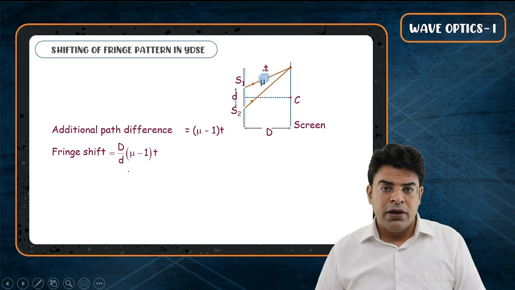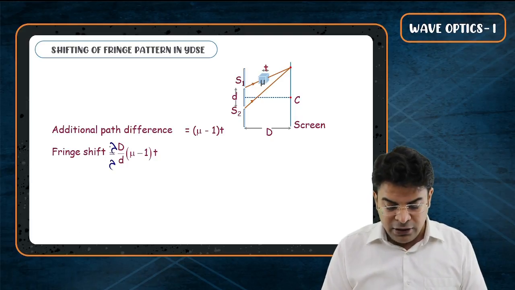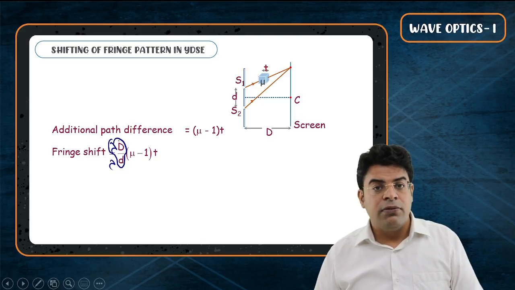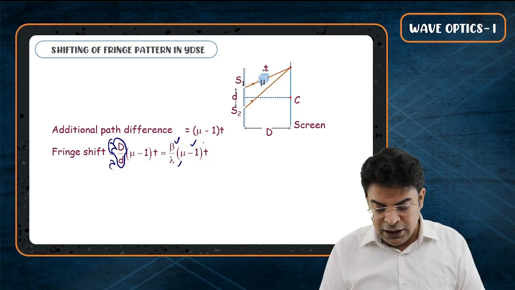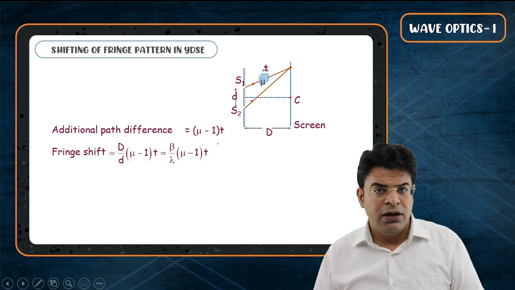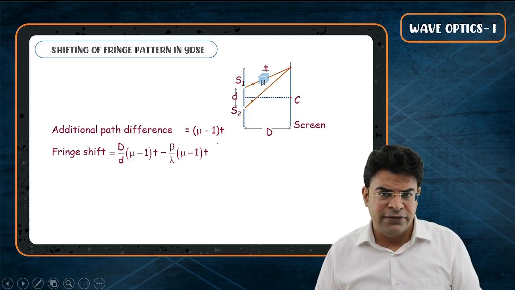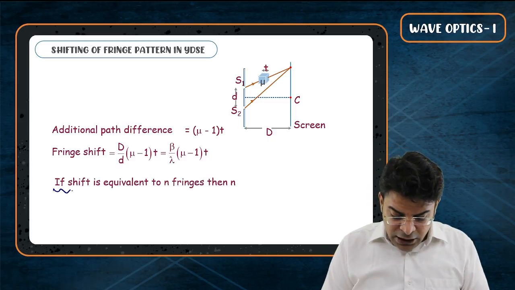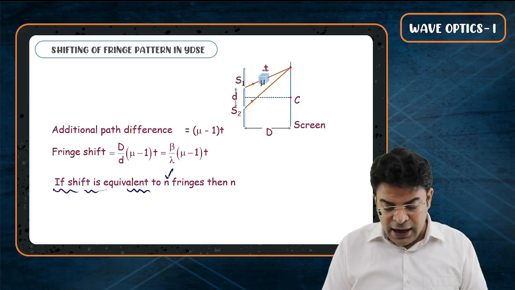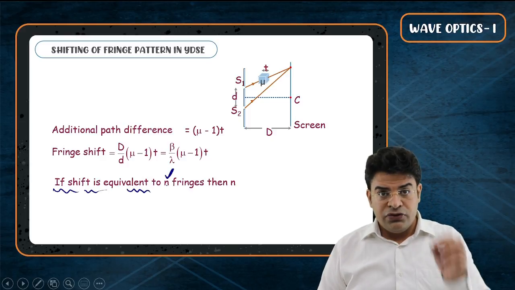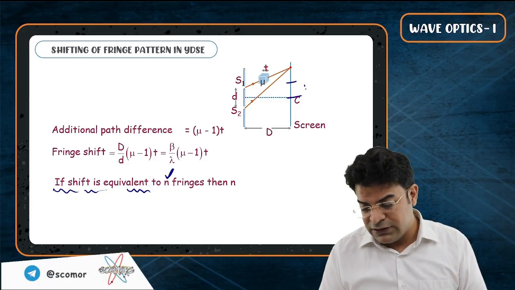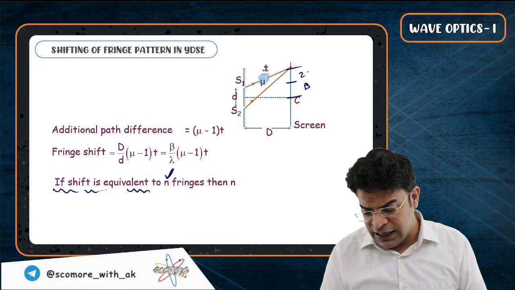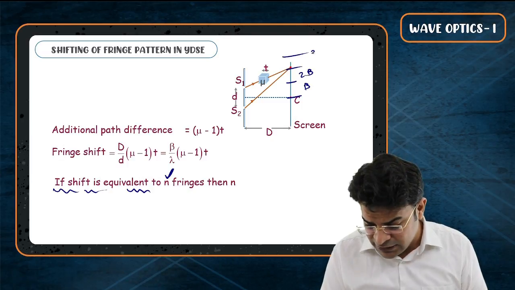Now beta, if I multiply and divide with lambda, I can write lambda D by d as beta, fringe width. So this can also be written as beta by lambda into mu minus 1 into t. This is not rocket science, this is an easy thing. Now moving on. If the shift is equivalent to n fringes, now one fringe is at distance beta, two fringes at distance 2 beta, three fringes at distance 3 beta.